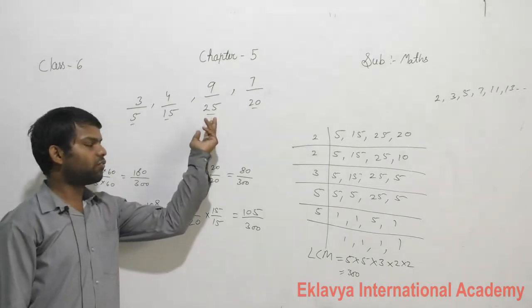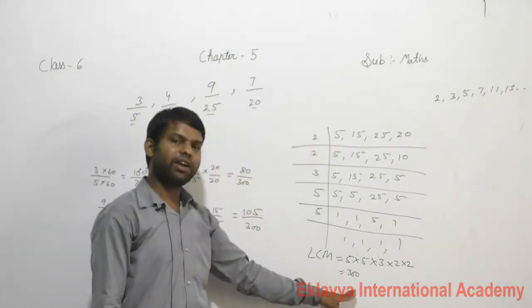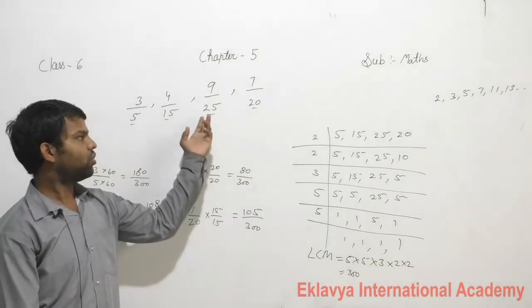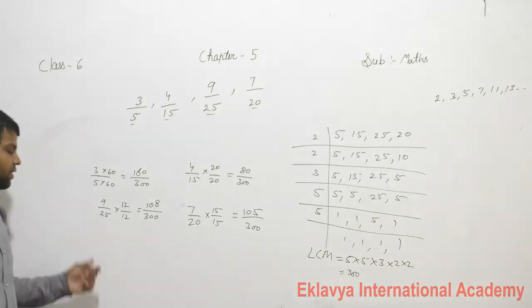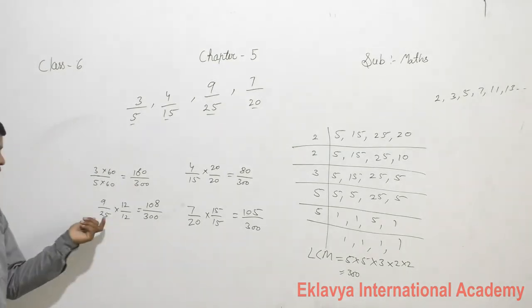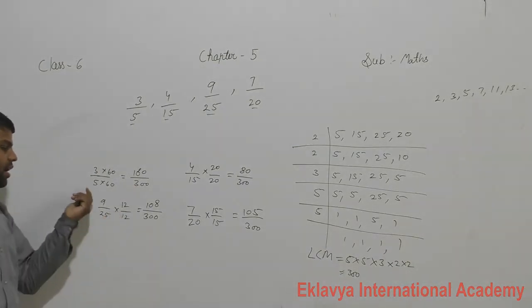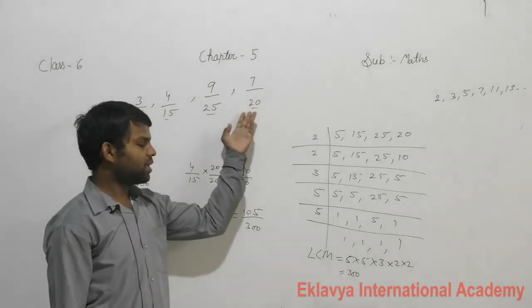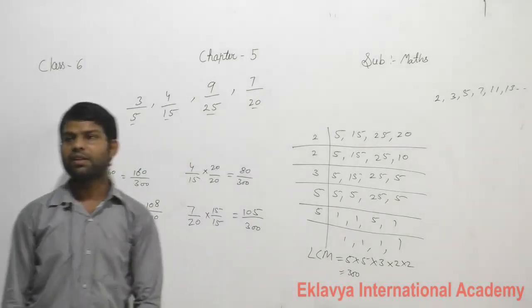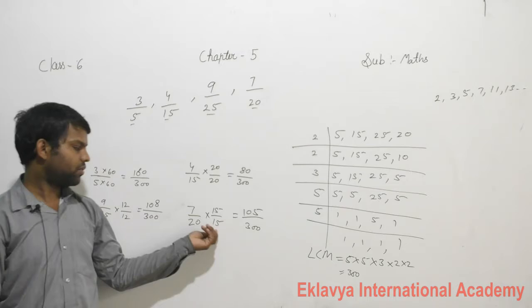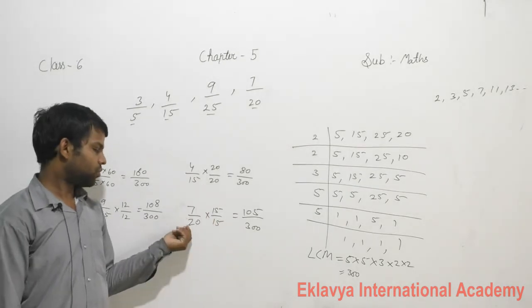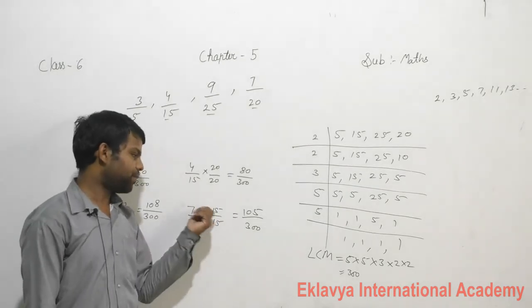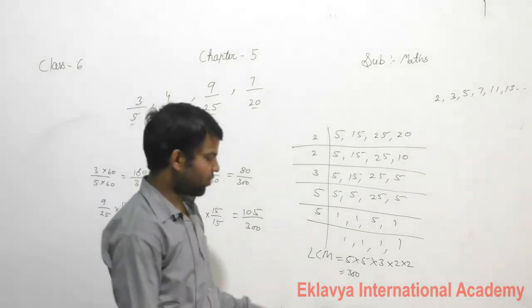Next 25: 300 divided by 25 gives 12, so 12 times 25 is 300, and 9 times 12 is 108. Again 20: 300 divided by 20 gives 15, so 20 times 15 is 300, and 7 times 15 is 105.